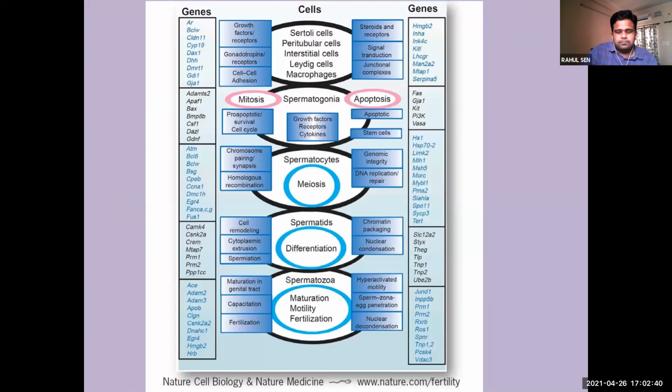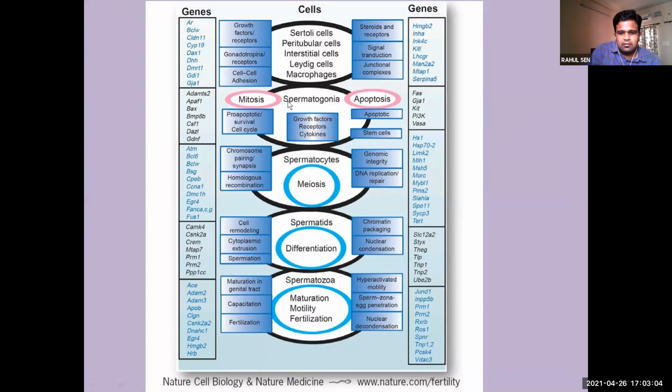I was searching the internet and got this image where spermatogonia develop into spermatocyte, spermatid, and spermatozoa. Each and every spermatogonium results in 4 good quality motile sperms.